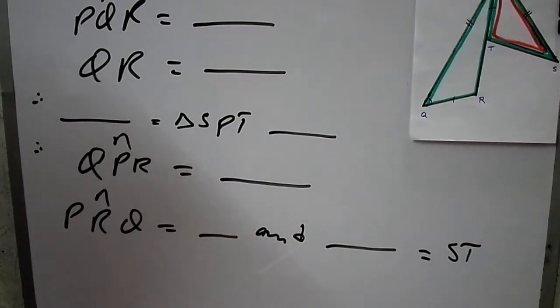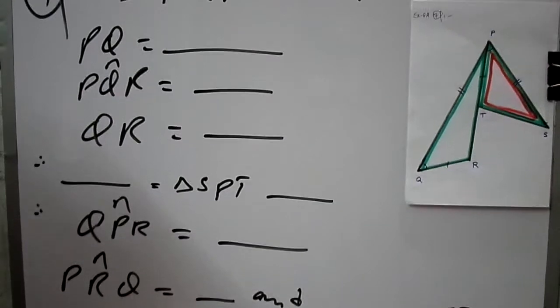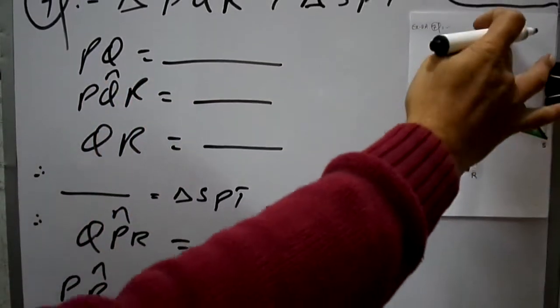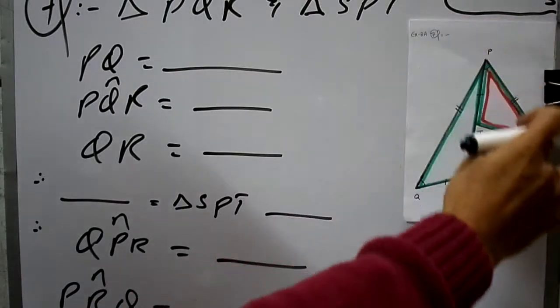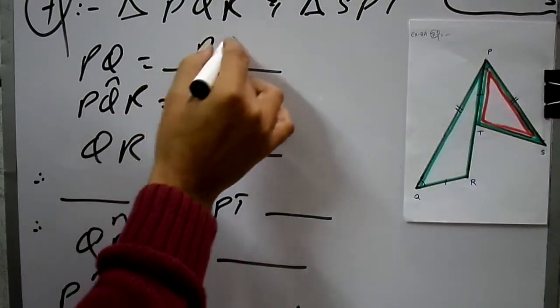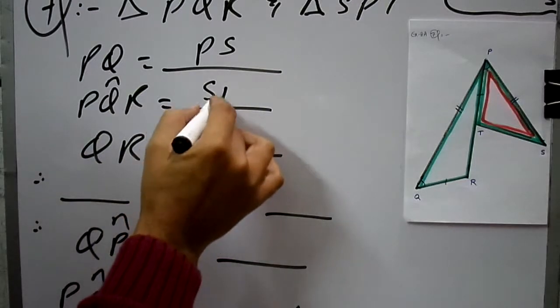By observation of these two given triangles, you should be very careful. PQ is equal to, this double cut means this is equal to SP or PS. Similarly, angle PQR is equal to angle SPT.